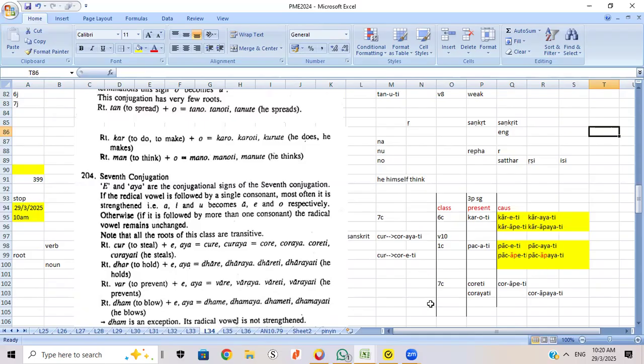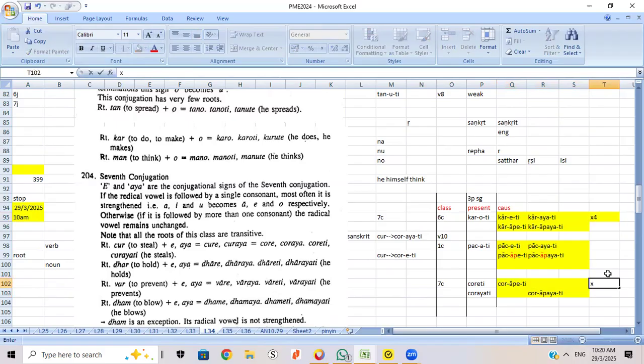But if the verb is formed using the 7th conjugation, that means you can see the a and the i, and then the causative will have only these two forms. This is four times, and this is only two times.